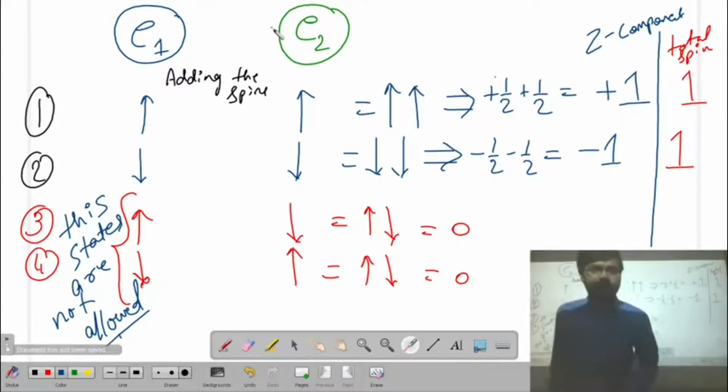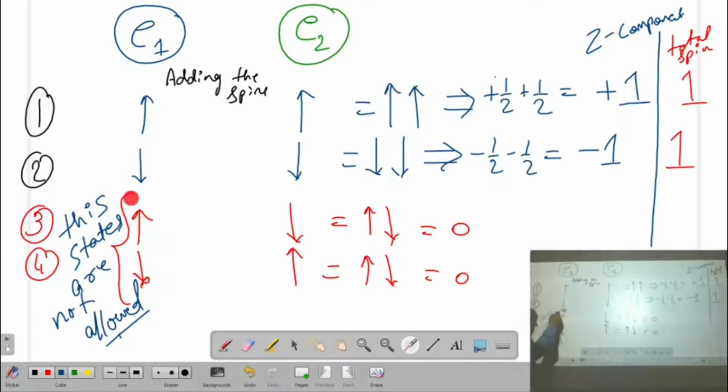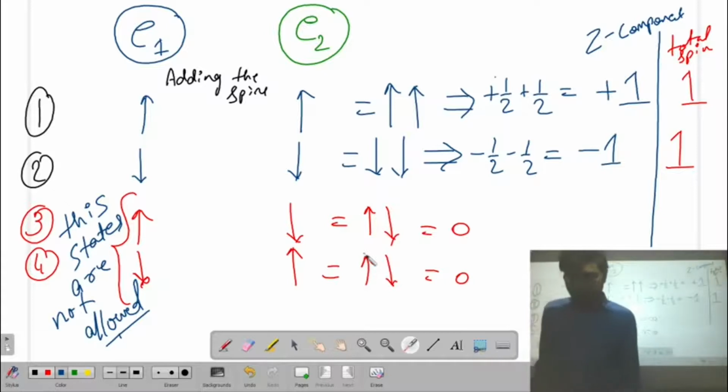According to the Heisenberg uncertainty principle, you cannot have a specific orientation of a particle. That is, you cannot say that this is electron 2 or electron 1. That is why these states which are anti-parallel are not allowed, due to the uncertainty principle.